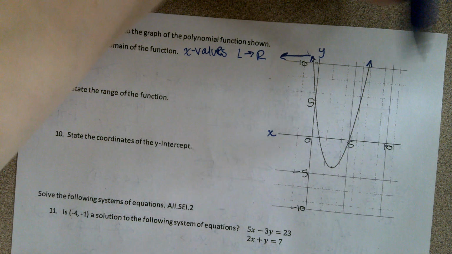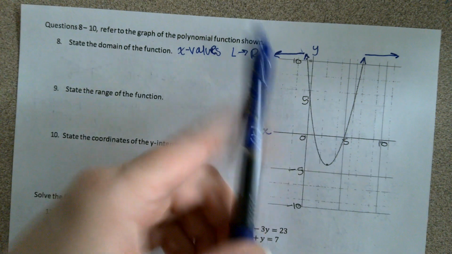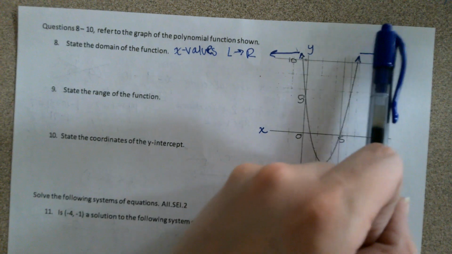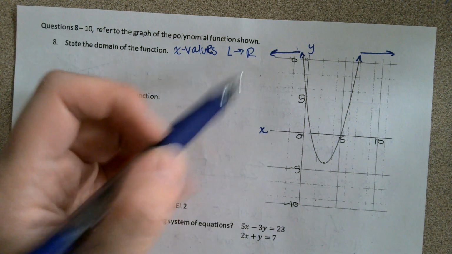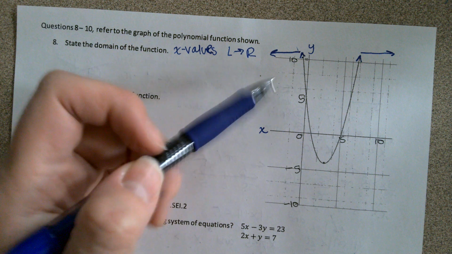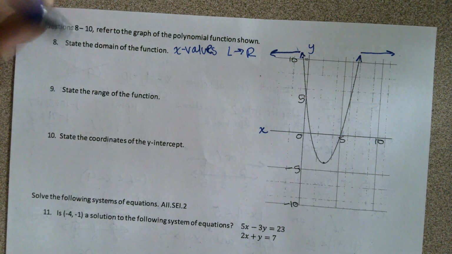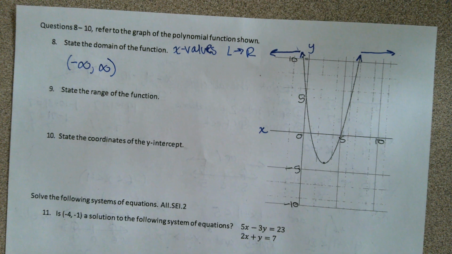And because of the arrow, we understand that while it's going up, it's also going to the right. So all of these values over here that we can't see do hit the graph at some point, just much higher than we can see. So what I'm getting at here, there's no jumps, gaps, or holes in this graph, and it keeps going to the left and the right, meaning this domain is negative infinity to positive infinity.